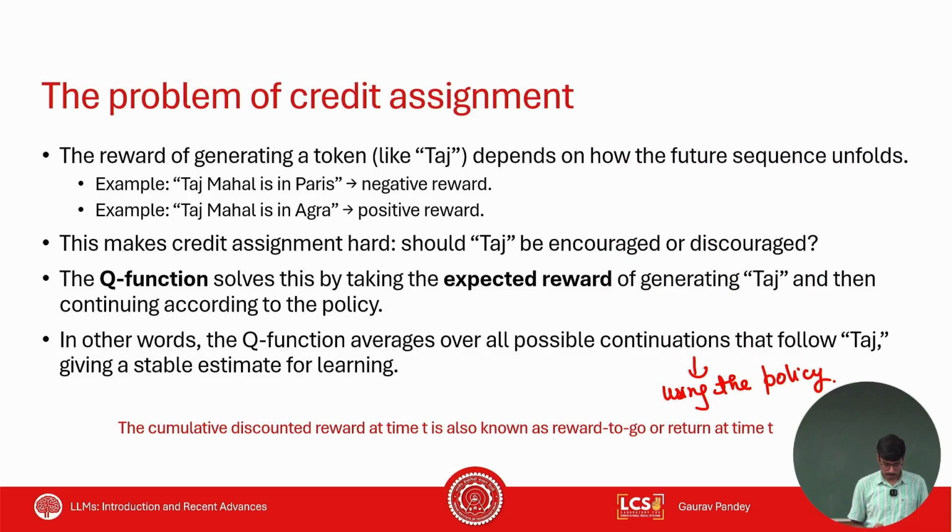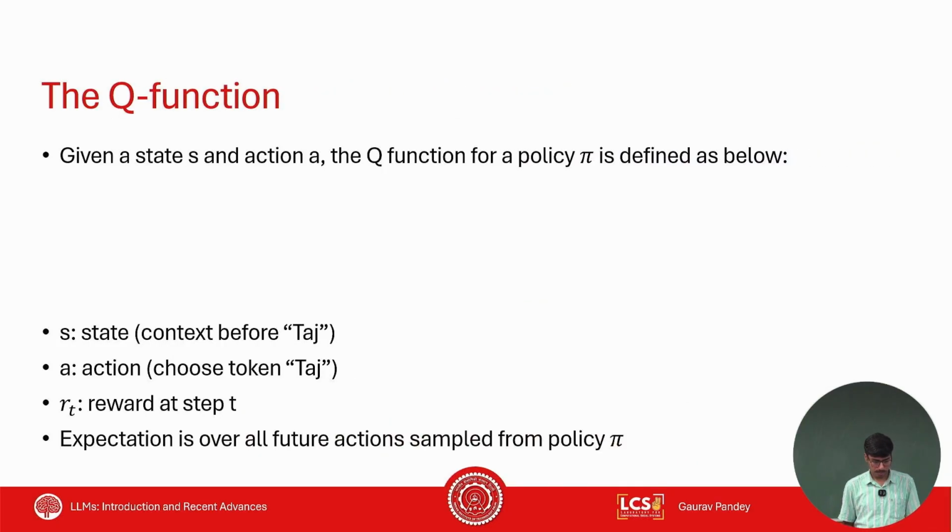Also, this expected reward, I have used the word discounted here, which I will talk about later. This cumulative reward after a given time is also referred to as reward to go, or as return. These terms are sometimes used interchangeably: reward to go and return. And now a more formal definition of the Q function.